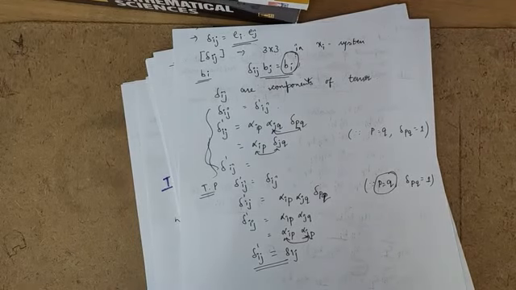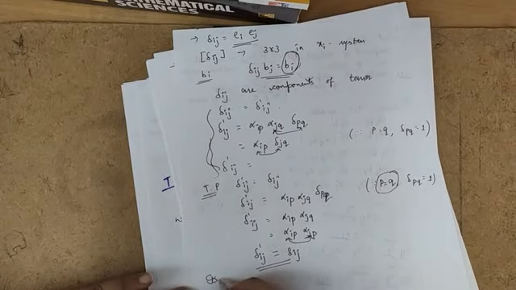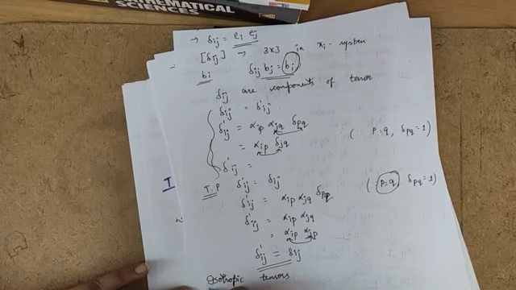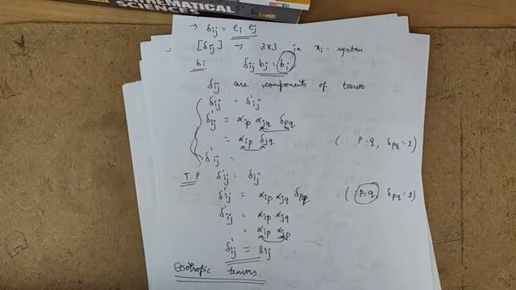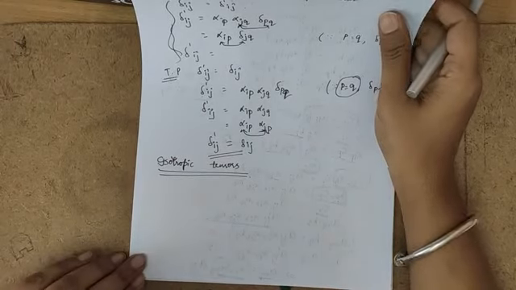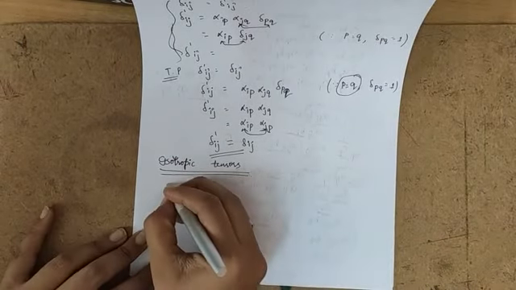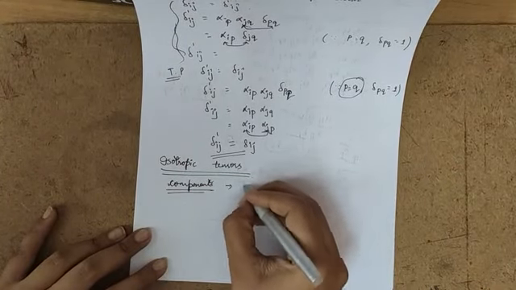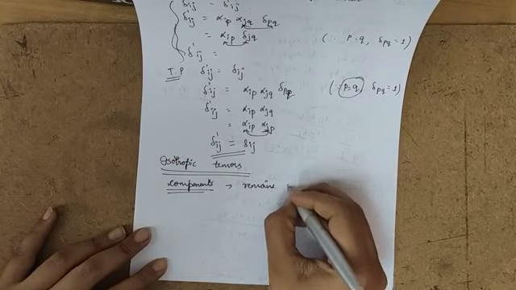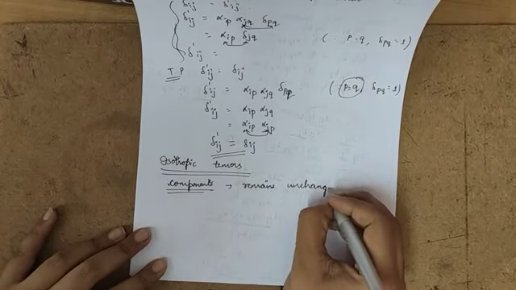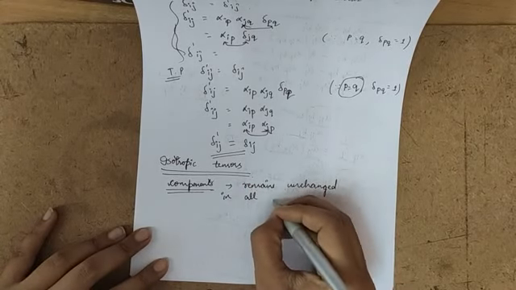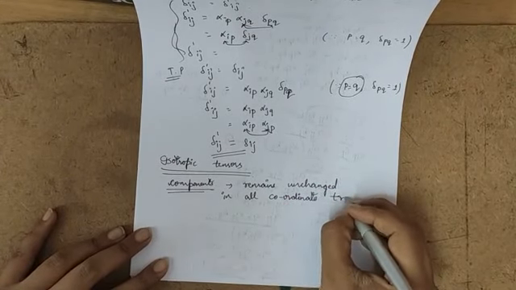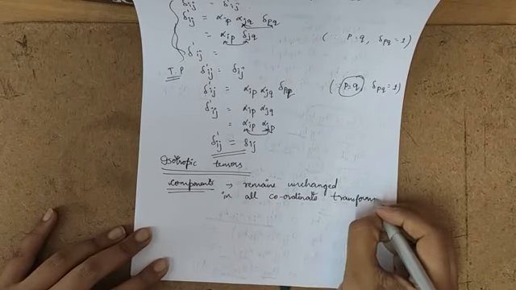So now let's move to isotropic tensors. Isotropic tensors are nothing but tensors whose components remain unchanged in all coordinate systems, or in all coordinate transformations.